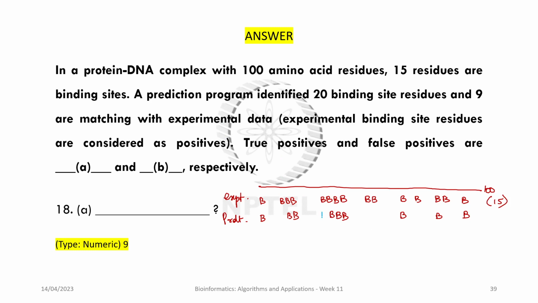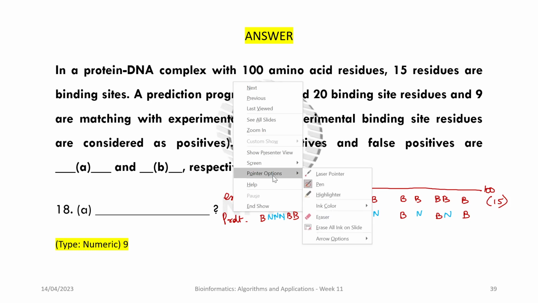For a contrasting color, I'm going to go with N, N, N, N. Okay, in all the places it is probably N throughout. Okay, but let's not worry about.